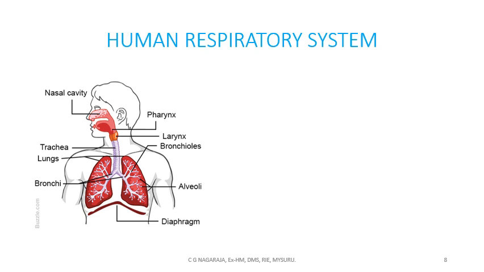Now, the human respiratory system is shown here. The human respiratory system, I told you, includes nose, nasal cavity. It enters into the buccal cavity. There we have the tube, pharynx, and pharynx leads into a small tube called trachea. Trachea breaks into two branches called the bronchi, and bronchi divide into bronchioles, and they end up in alveoli.